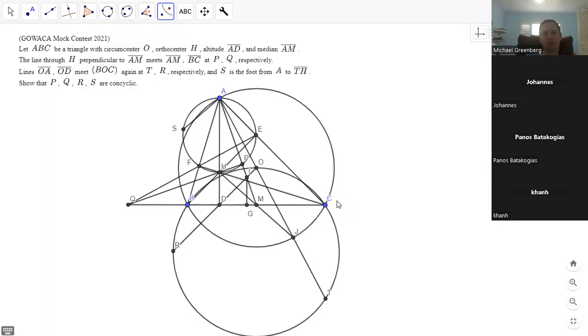So QR is the polar of D because we know R lies on the polar of D by that inversion, and Q lies on the polar of D. Sorry if that's obvious, but why is that true?